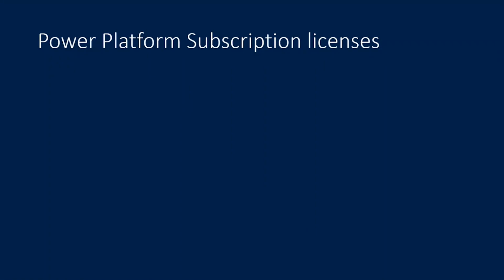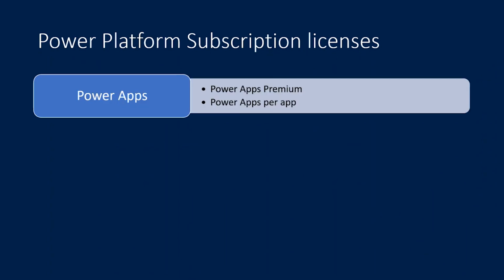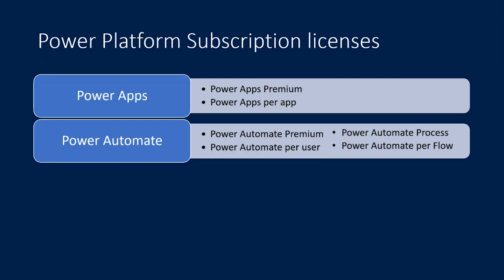But for Power Platform, I've broken it down into the products and their subscription types. So for Power Apps, there's Power Apps Premium, and there's Power Apps per app. For Power Automate, we've got Power Automate Premium, Power Automate per user, Power Automate Process, Power Automate per flow.